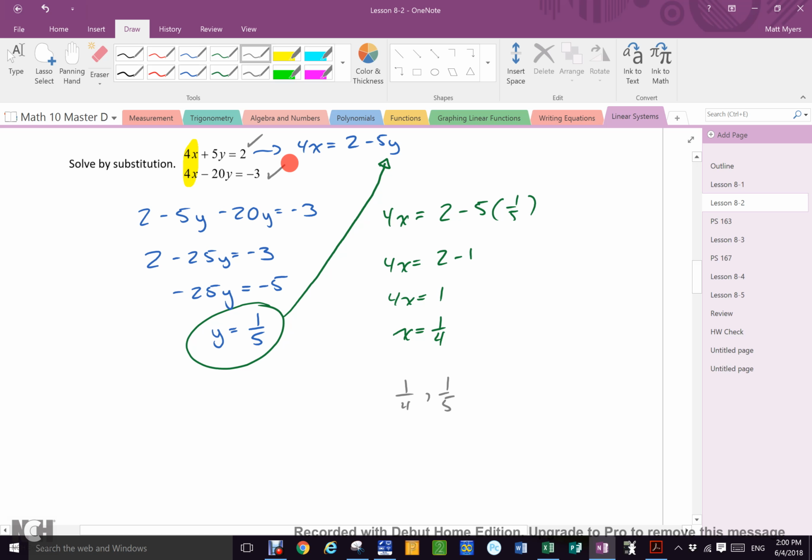Now, why is substitution better than graphing?